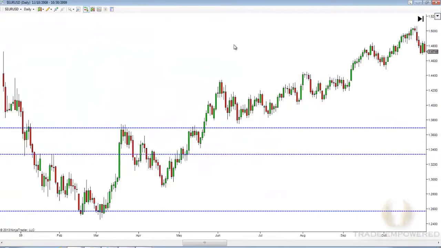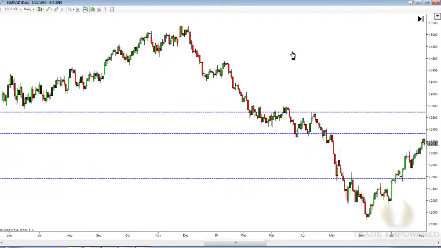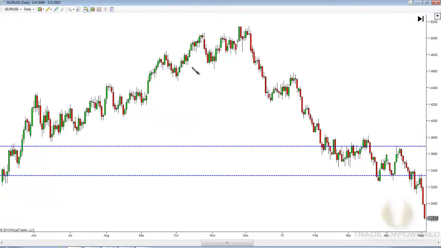Let's see if we can find another bearish one. Euro's been bullish for so long. Let's take a look at this one. Price action breaks previous structure, so we have our impulse leg, starting point to our new structure low, or our initial structure low.